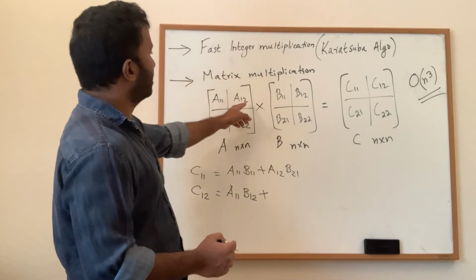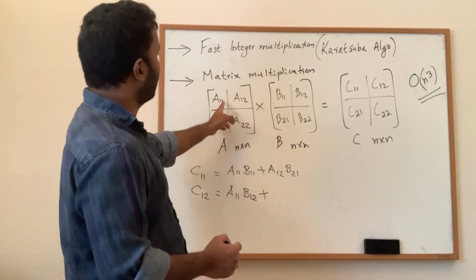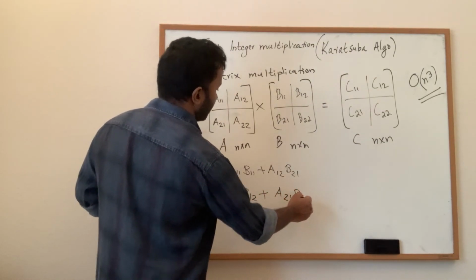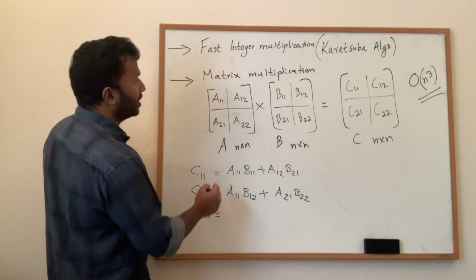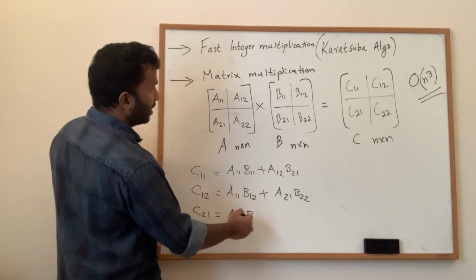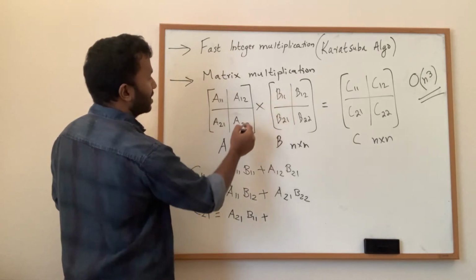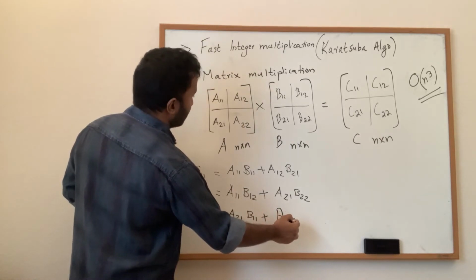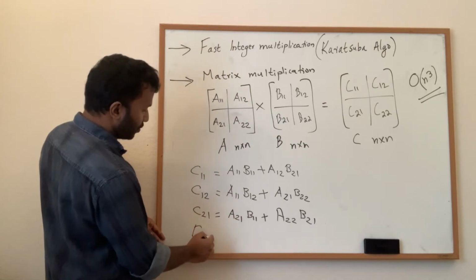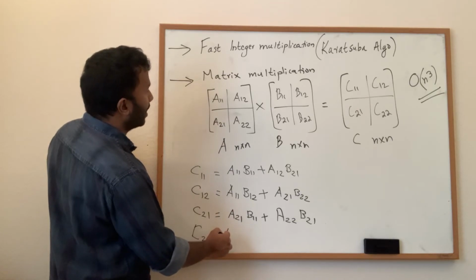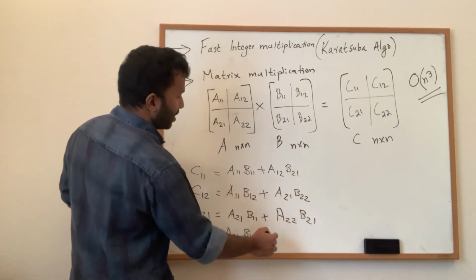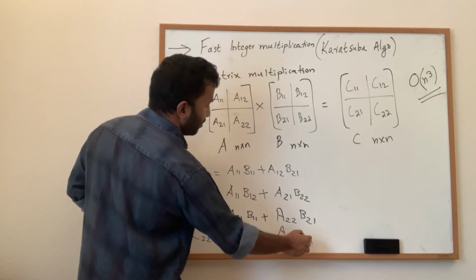A12 multiplied by B22. Then C21, that is A21 multiplied by B11 plus A22 multiplied by B21, and finally C22 is A21 multiplied by B12 plus A22 multiplied by B22.